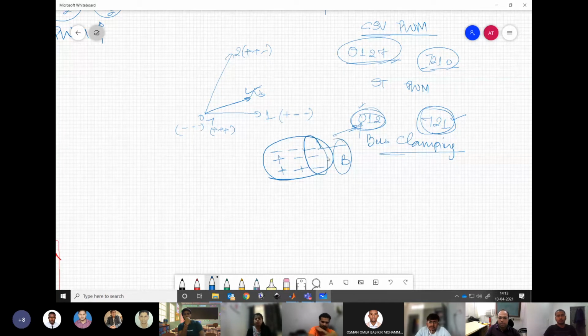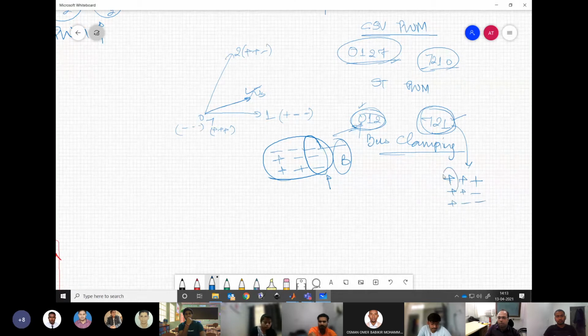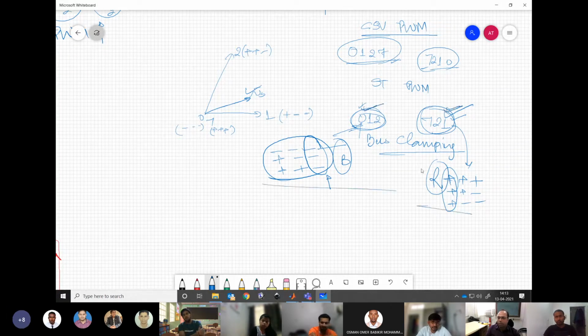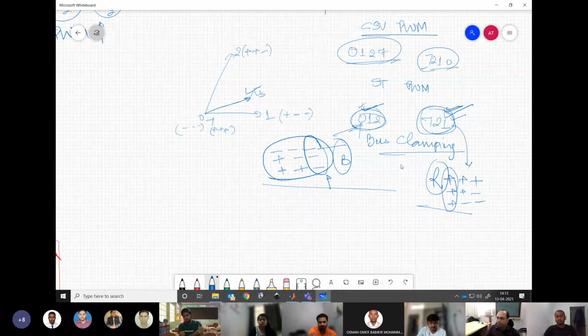It is all minus throughout. For 7 2 1, we have this vector sequence applied. So we have R phase clamped completely for this interval. So if we keep on applying this kind of sequence, we will achieve bus clamping for one of the phases. This is clear, right?